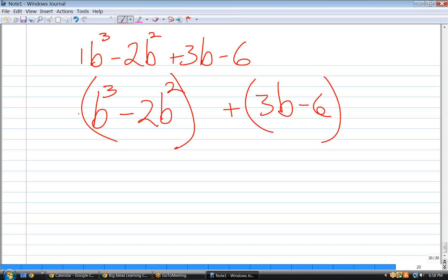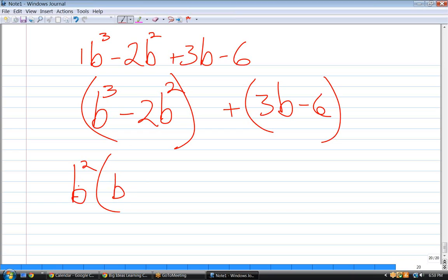And now I factor each one. What can I factor out of this one? A b squared. Looking for a greatest common factor. What's left behind? Divide b squared into b cubed. That's this term.